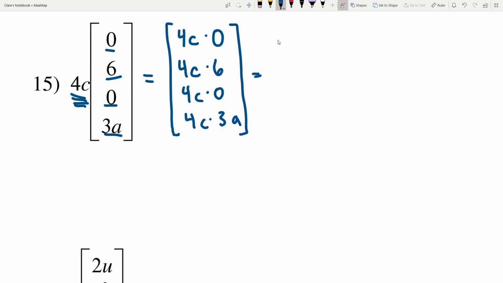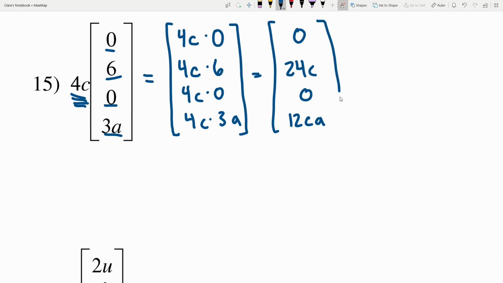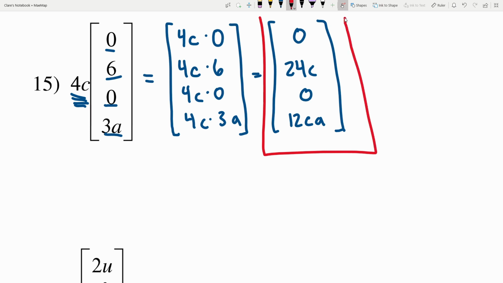Multiplying this out, 4c times 0 is 0, 4c times 6 is 24c, 4c times 0 is 0, 4c times 3a is 12ca, or 12ac, however you wish to write it. So a 4 by 1 is my final solution in number 15. 0, 24c, 0, 12ca.